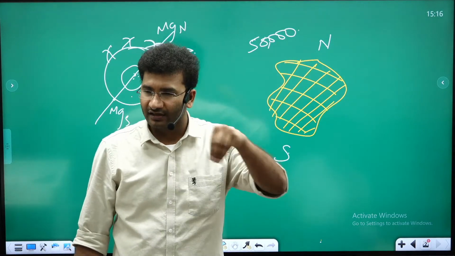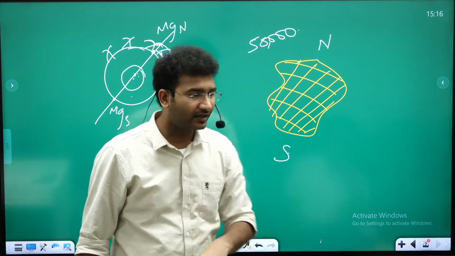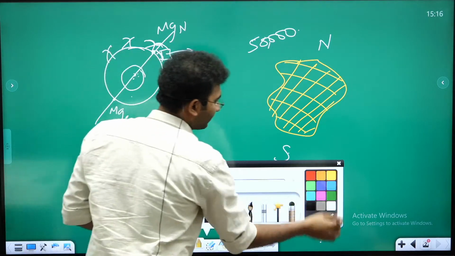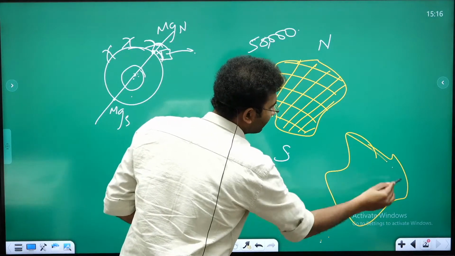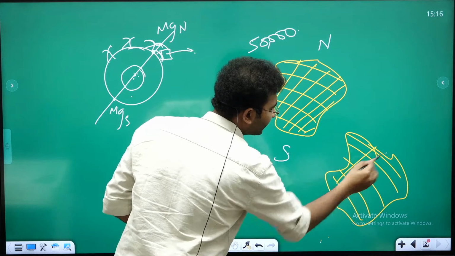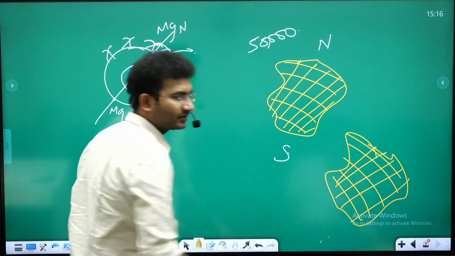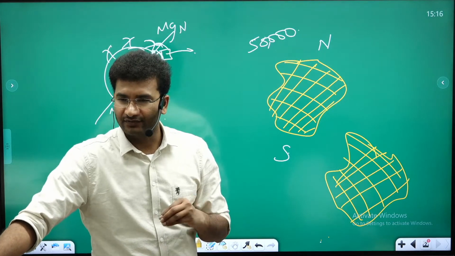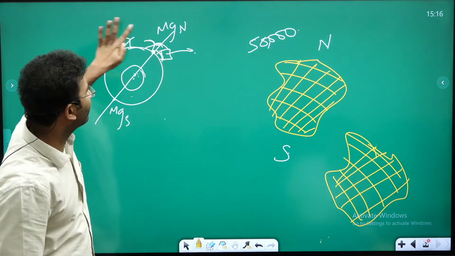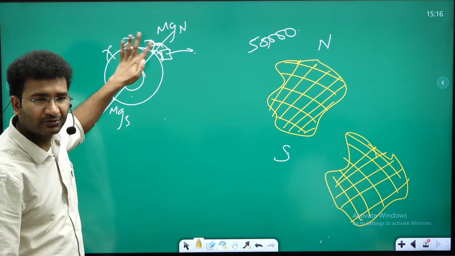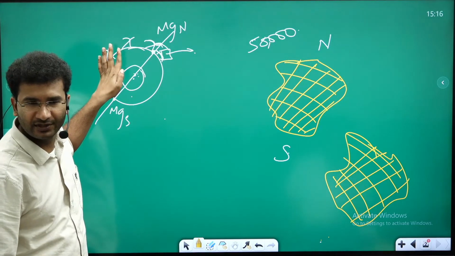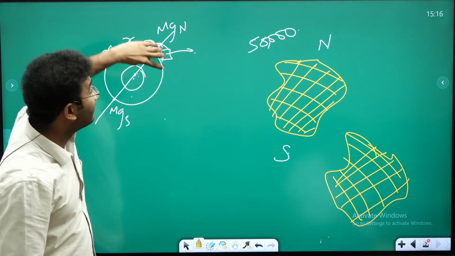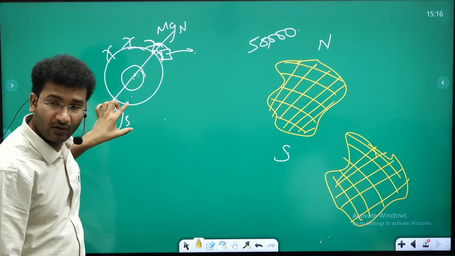But imagine there is a volcanic activity this year, and a new rock is formed. These very fresh rocks, before they cool down, will align with the magnetic field of the earth. And I told you, every year the magnetic field keeps on maneuvering 50 to 60 kilometers. So sometimes the entire magnetic field also reverses.